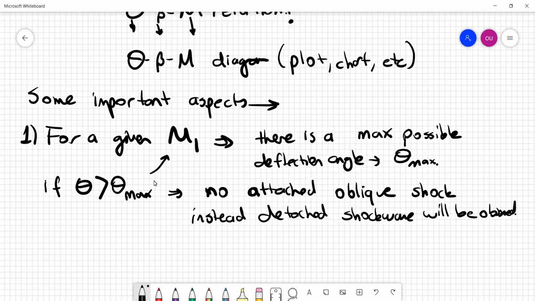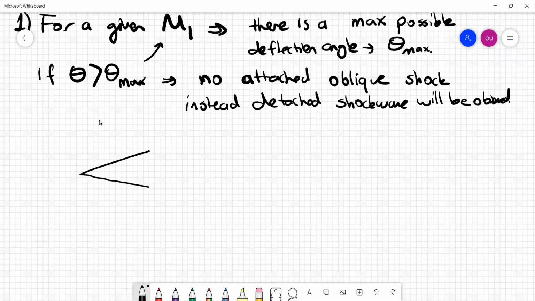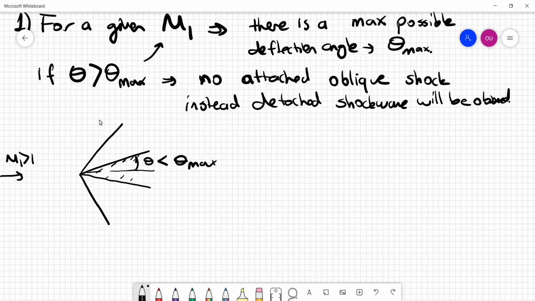So this is one case, just a little sketch here. Let me try to replicate it. If we are talking about a simple wedge with a certain angle theta, and this theta is less than the allowable theta max for a given supersonic incoming Mach number condition, we will have an expected oblique shock wave here.